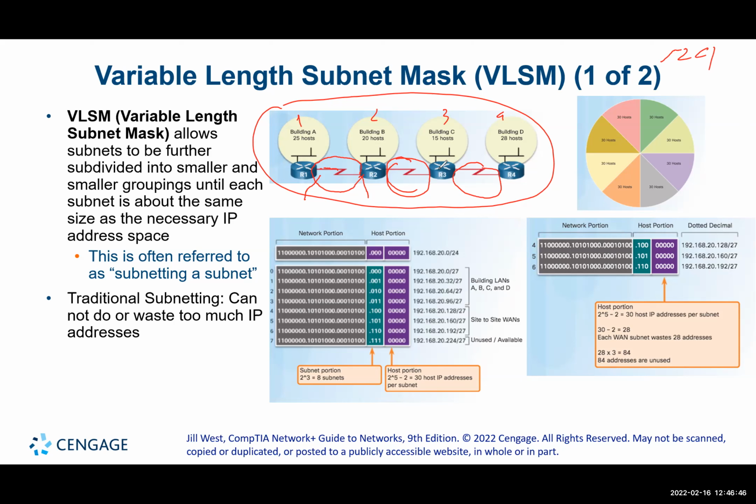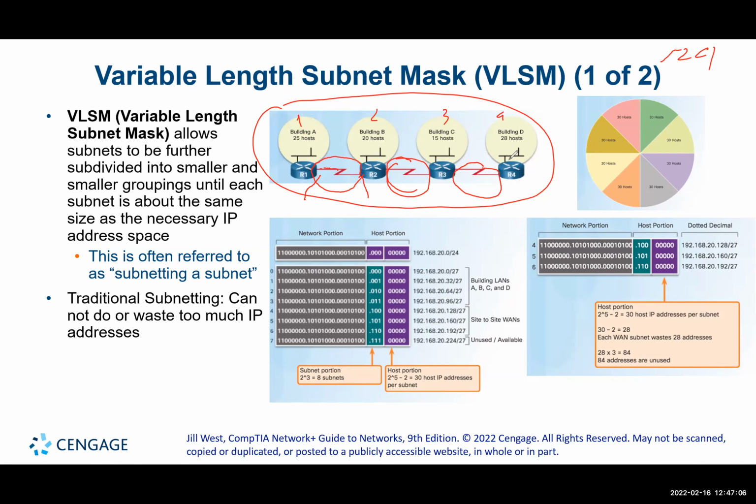Now think about it, if you want to break it down into 7 subnets, how many bits do you have to borrow? 3 bits.